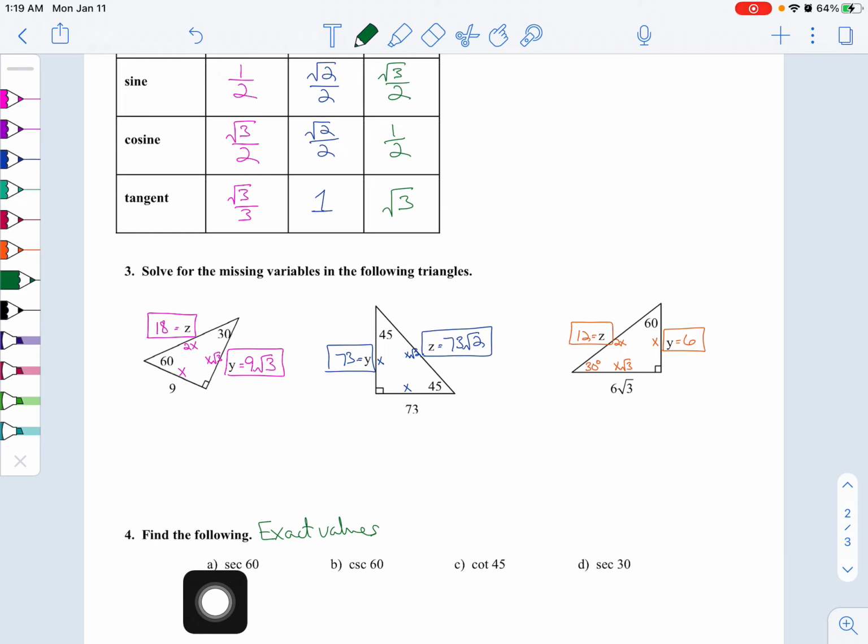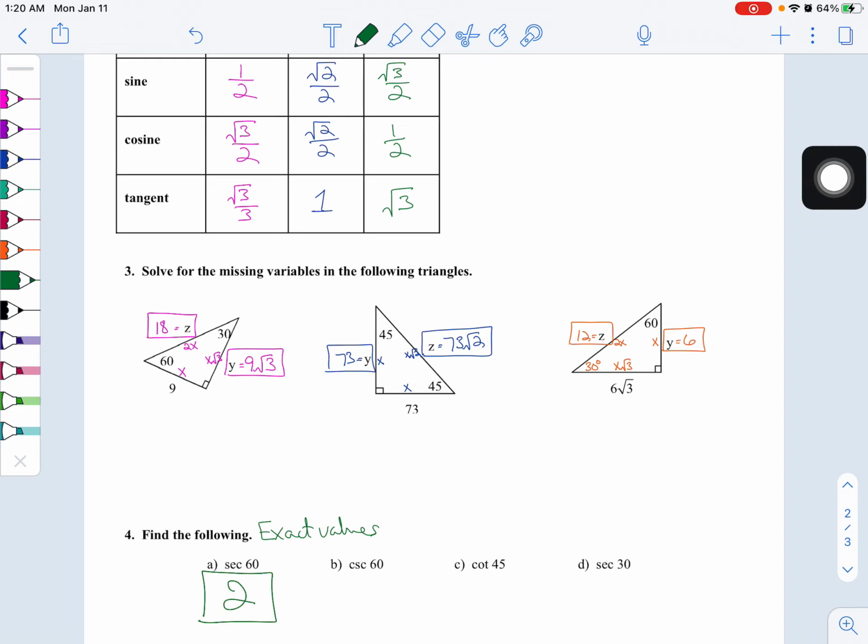So secant is the reciprocal of cosine. So if I know that the cosine of 60 is 1/2, the reciprocal to that would be 2. So the secant of 60 is 2. The cosecant of 60, well, that's the reciprocal of sine.